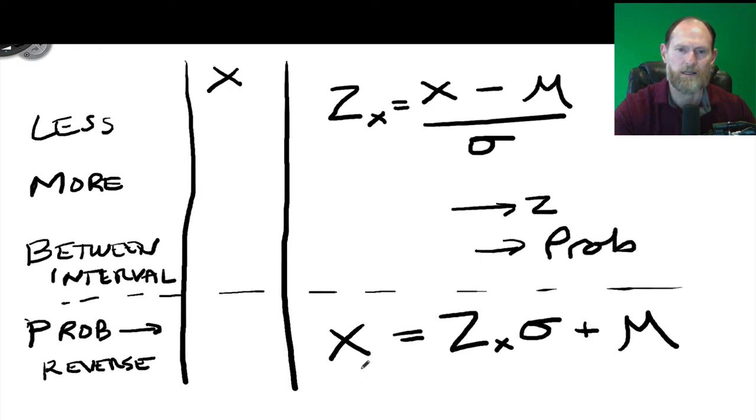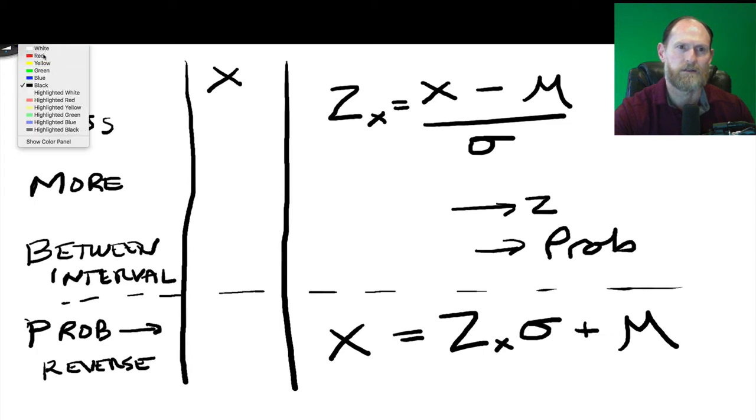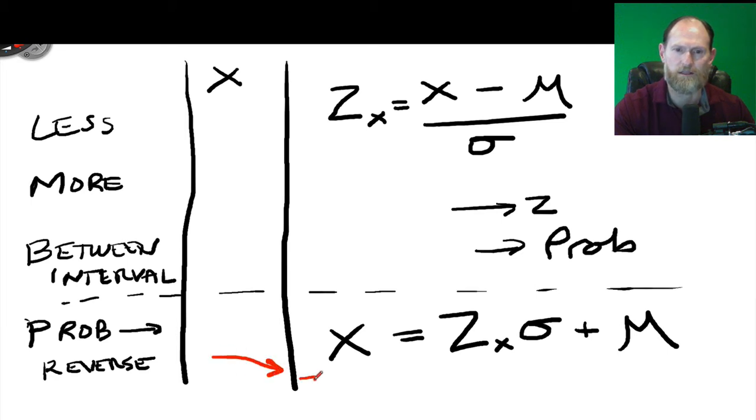To begin this problem, we're going to shrink down like Mike TV and start inside the z-table. We're going to find the probability that's given to us and then find a z-score.